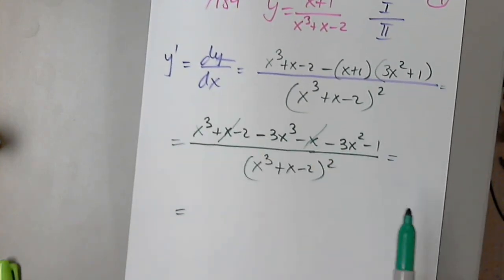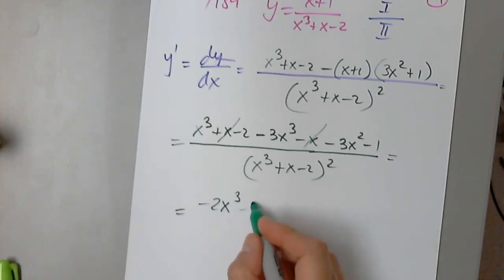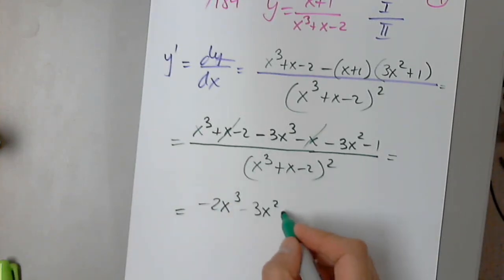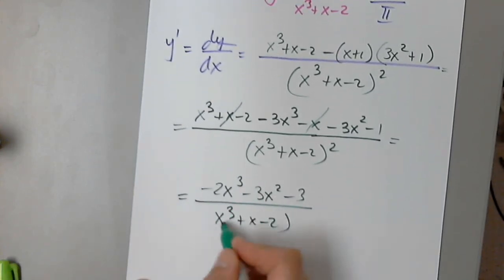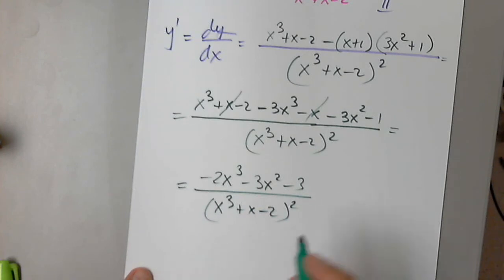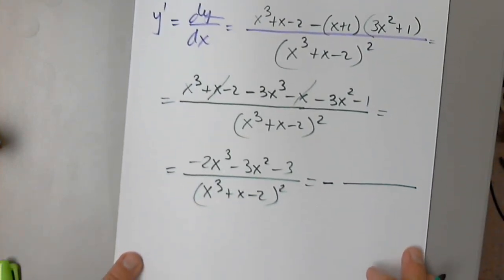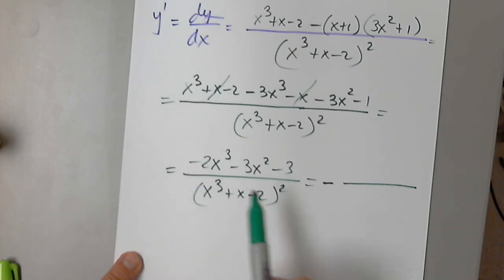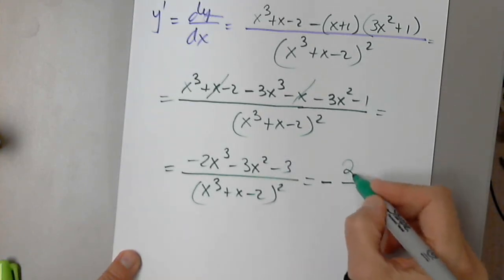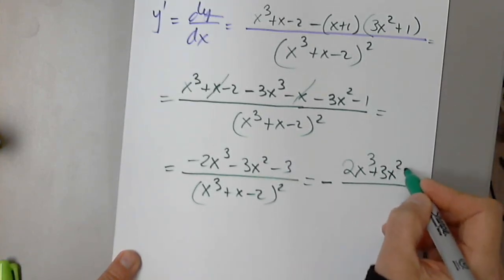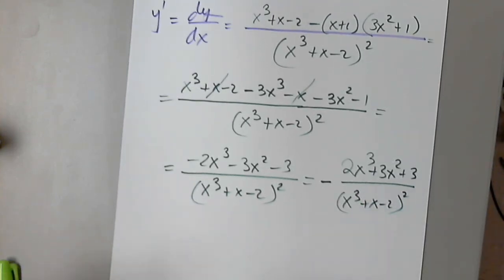These two go away. And I have a negative 2x cubed and a minus 3x squared and minus 3 over x cubed plus x minus 2 squared. Yes, I prefer removing the negative. If the leading coefficient is negative, I will put it in front. I don't care about the rest. So 2x cubed plus 3x squared and plus 3 over x cubed plus x minus 2, everything squared.